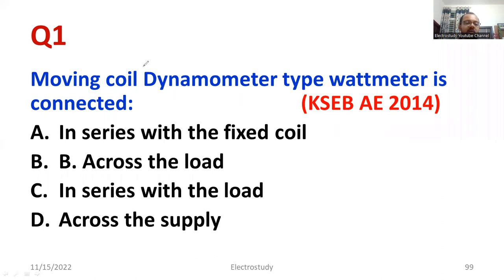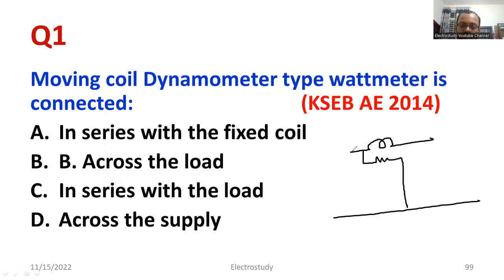Moving coil of a dynamometer type wattmeter is connected in series with the fixed coil across the load, in series with the particular load across the supply. So consider a wattmeter. Usually it will be like this only.